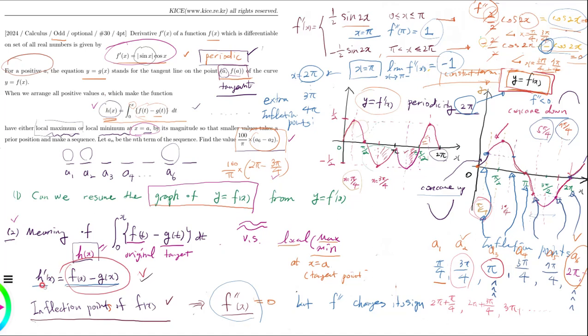We know the derivative of h of x is we plug in this variable x to the integrand f of t minus g of t here. But since the function g of x is a tangent line which is related to its original function f of x, it changes the sign of h prime of x. It involves the inflection point of f of x.